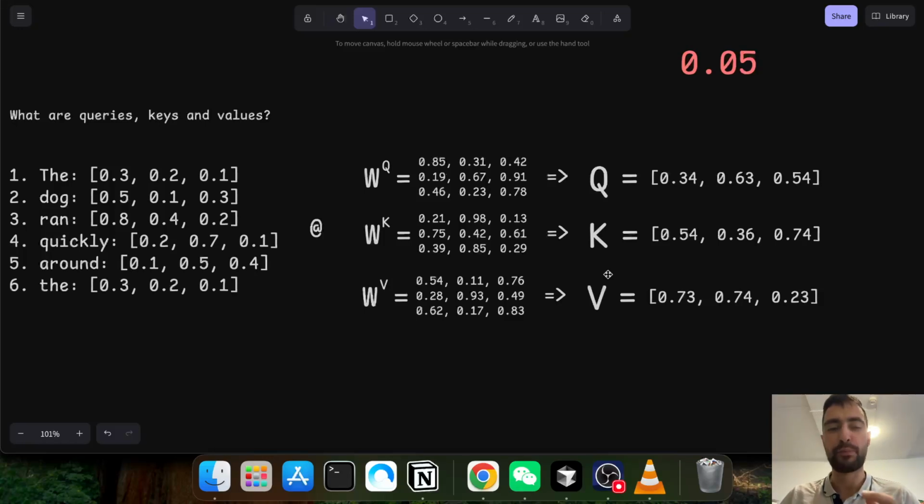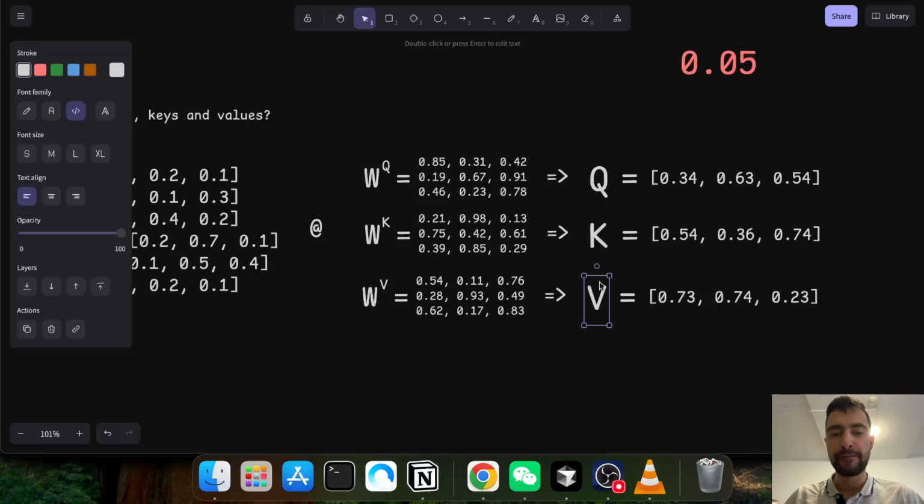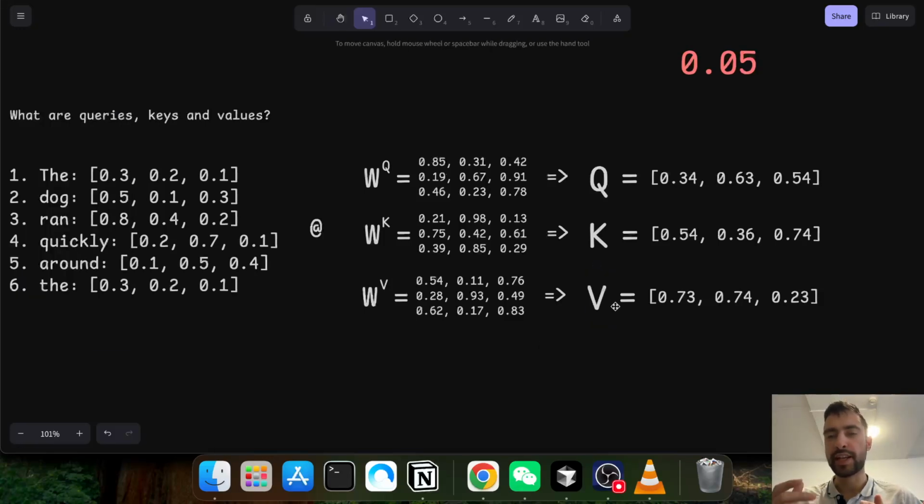Imagine value as a compressed vector of these vectors, and how it's different from query and key is, as I said, query says what I'm looking for, key says what I have for what you are looking for, and value says if you find me interesting, this is the information or context I will give you. So value is basically what context this token will give to the other vectors, other tokens.